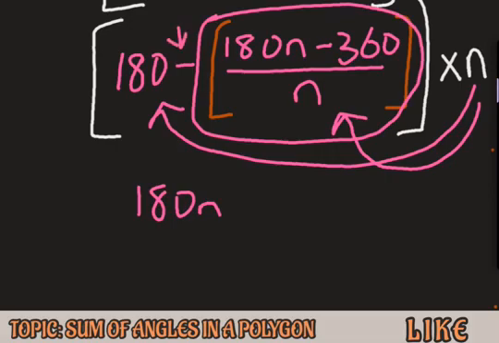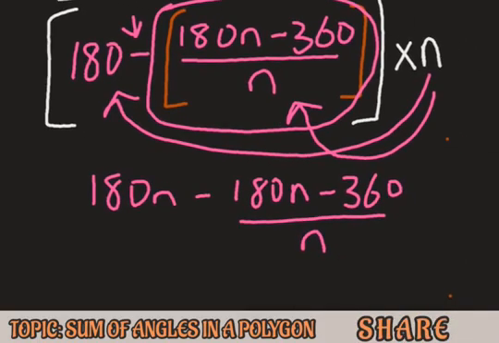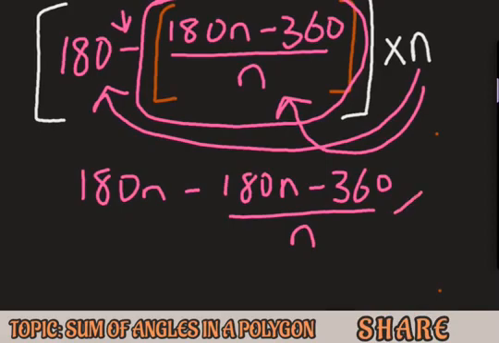So we'll be having minus 180n times minus 360 all over n times n. This is another way of writing the multiplication, saying 180n minus 360 over n in a bracket being multiplied by n. This is another way of writing it.